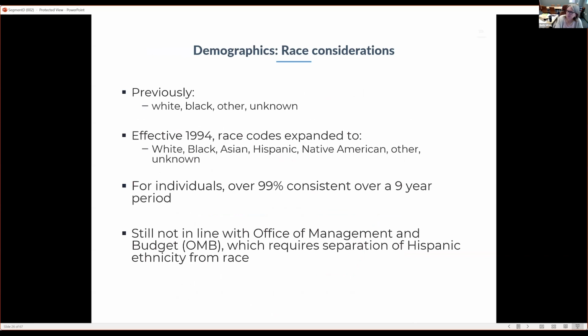So race was previously coded before 1994, so before the Stone Age, as white, black, other, and unknown. Effective in 1994, race codes were expanded to white, black, Asian, Hispanic, Native American, other, and unknown. The reason it was done this way seems crazy to anybody who's learned modern computer science.